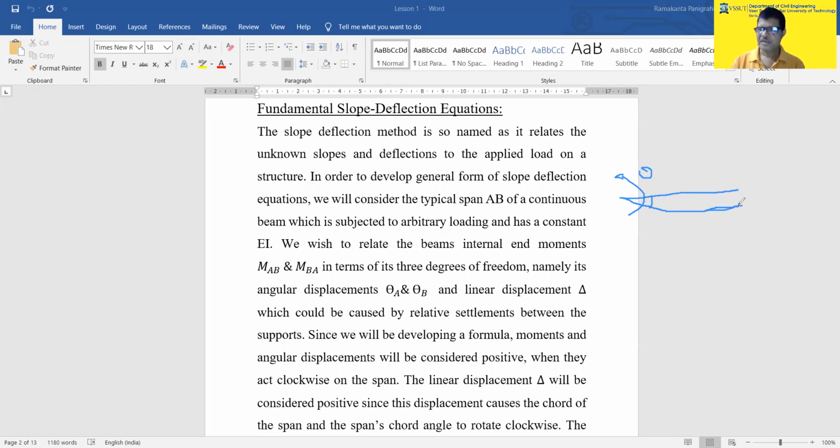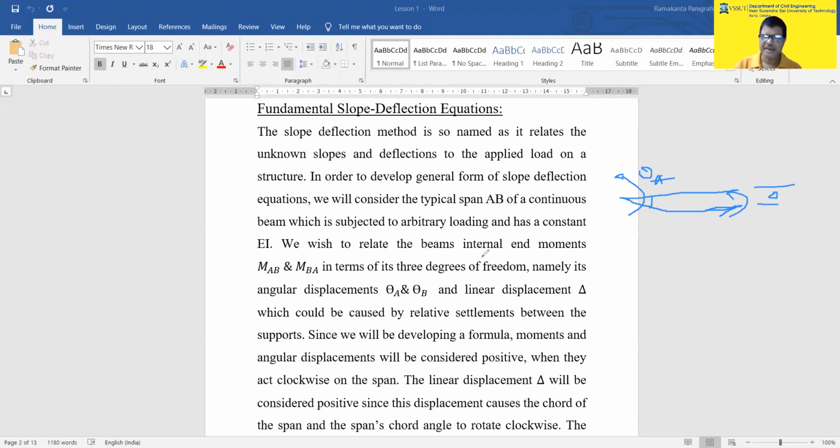If you draw the tangent here, you can find theta here also, and also there will be delta. So theta A, theta B, and delta. Delta is the relative displacement of one node or joint with respect to the other joint. So you have to take some sign convention, and then you can find out the values accordingly.